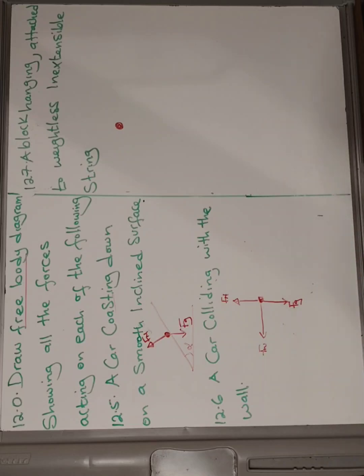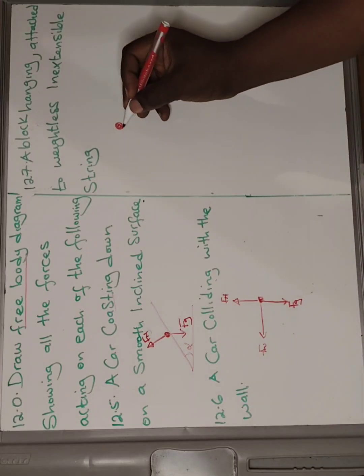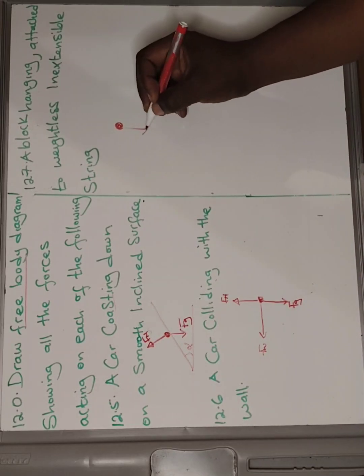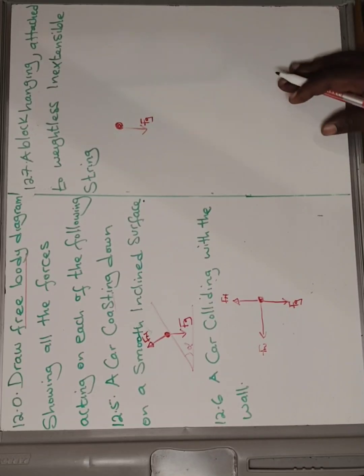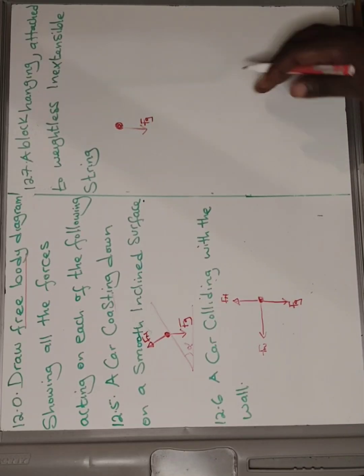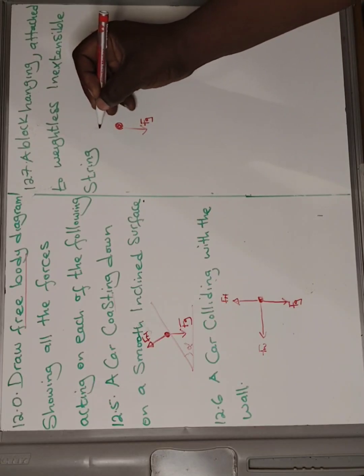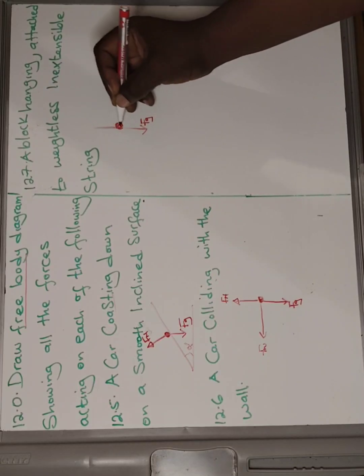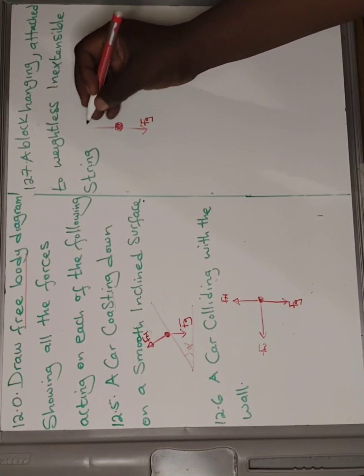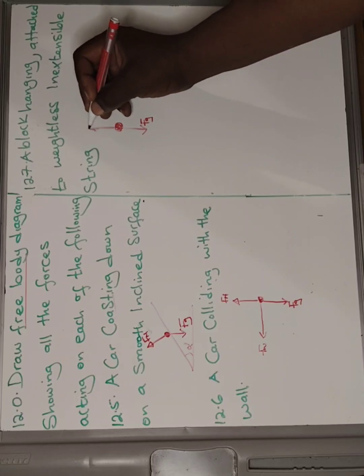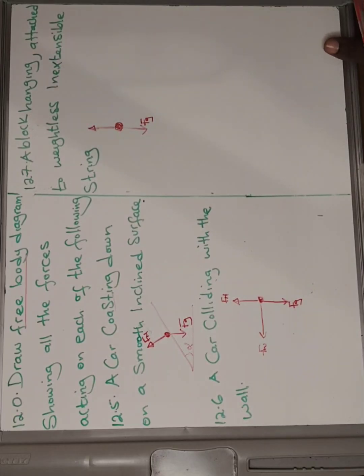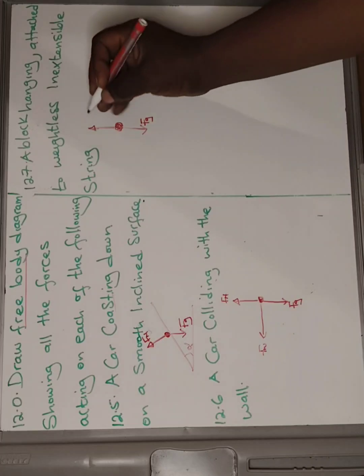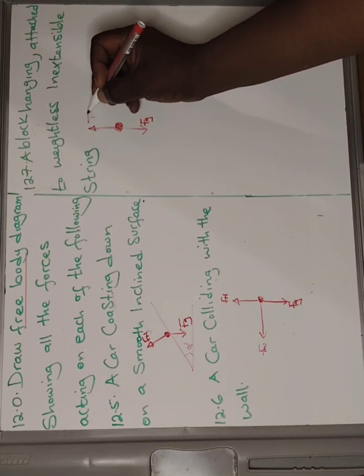It doesn't have normal force, but it has our traditional Fg. What other forces are acting here? We have the string which is attached to it, and the force in the string is tension, so it is tension which we are having here.